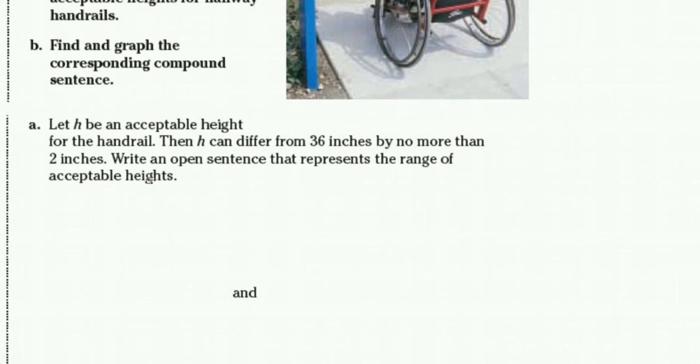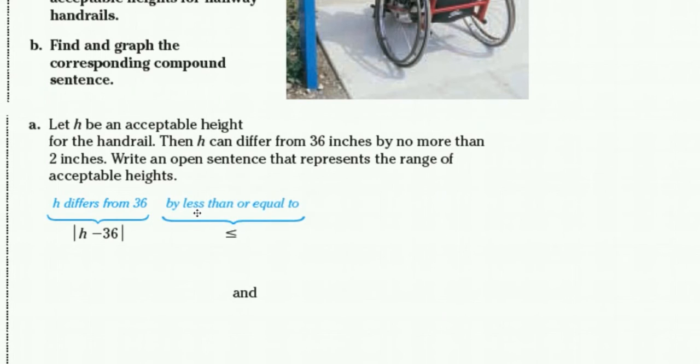Write an open sentence that represents the range of acceptable heights. Let's translate this first. h differs from 36, that means the distance, or the difference, between h and 36. And by no more than 2 inches means less than or equal to 2 inches, and this becomes your inequality.